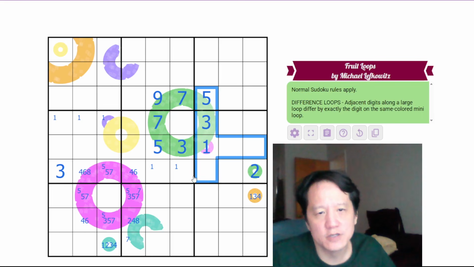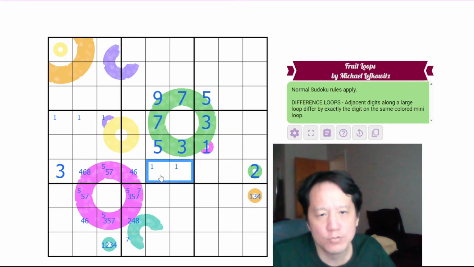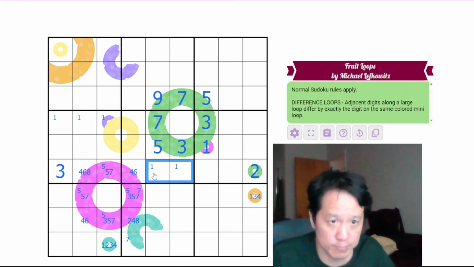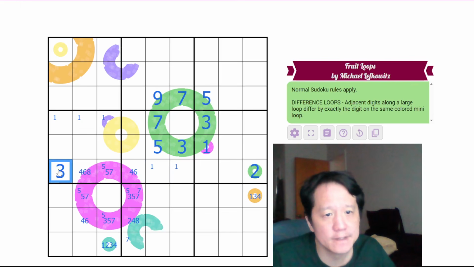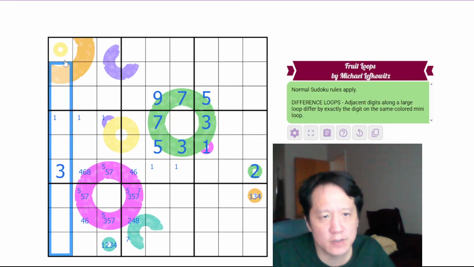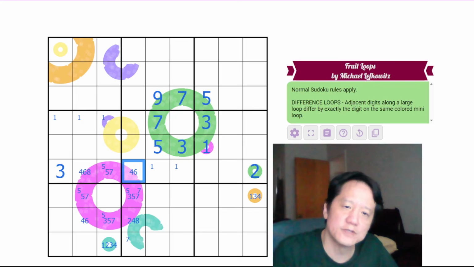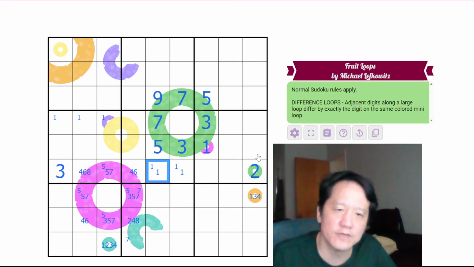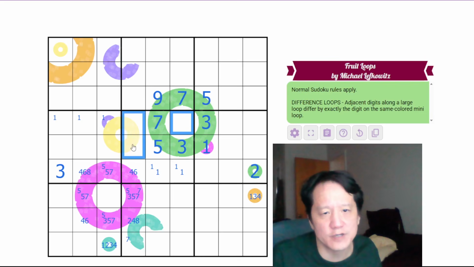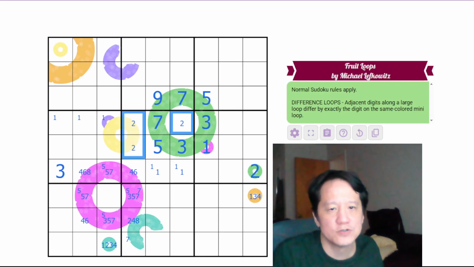Where else could things be? 1 is here. This is 3. 3 can't be here. Okay, remaining digits in box 5 are... This could be 1, and then we have 2 in one of these 3.